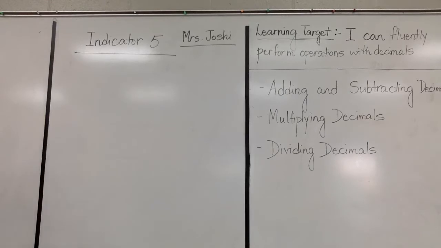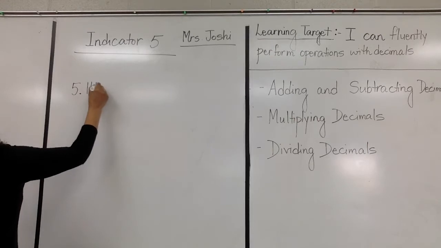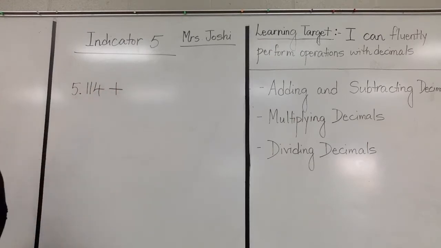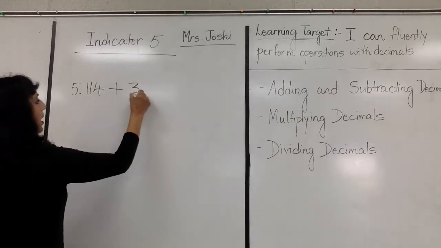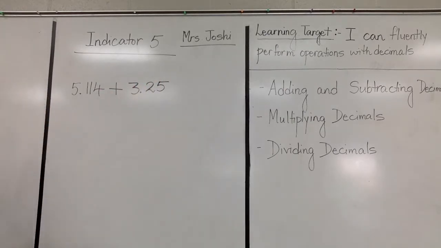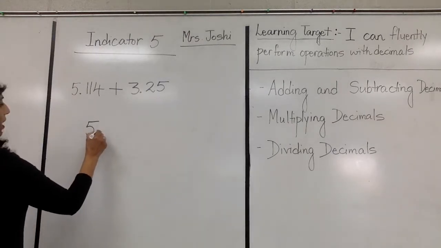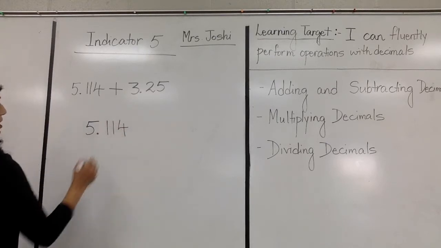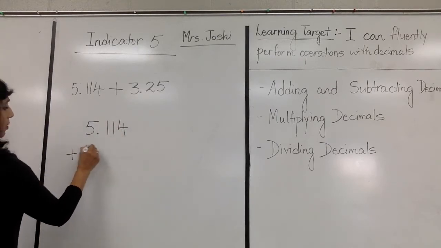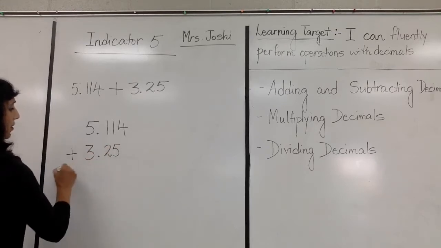So if I give you 5 and 114 thousandths plus 3 and 25 hundredths, let's do addition first. So we're going to write down the numbers. We have 5 and 114 thousandths plus 3 and 25 hundredths.